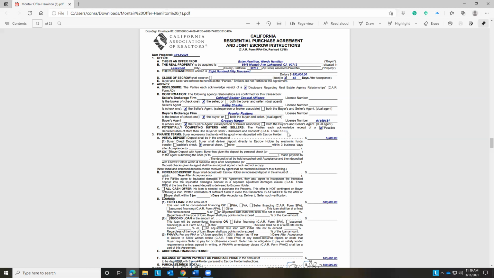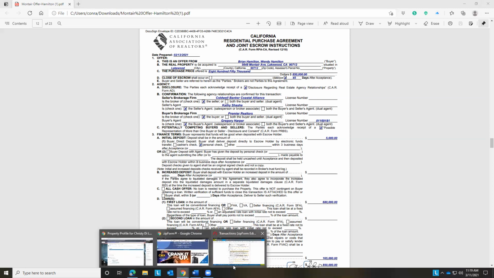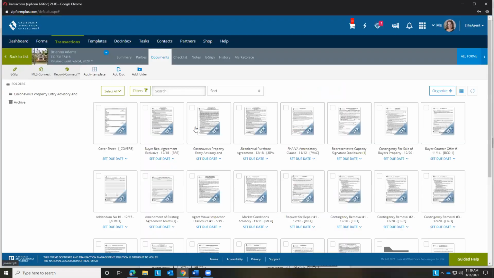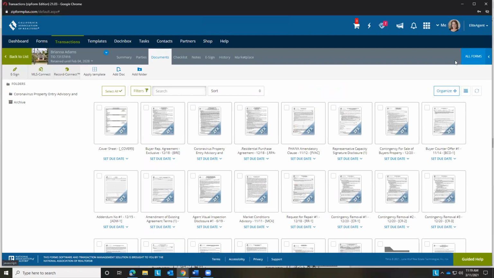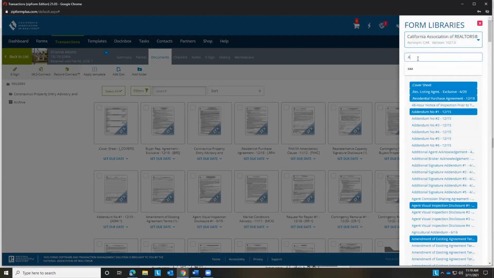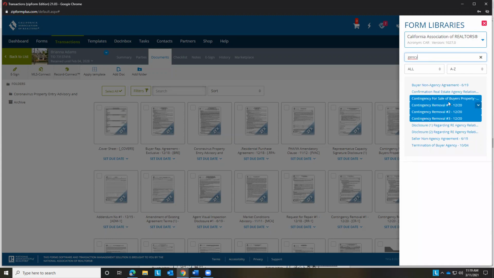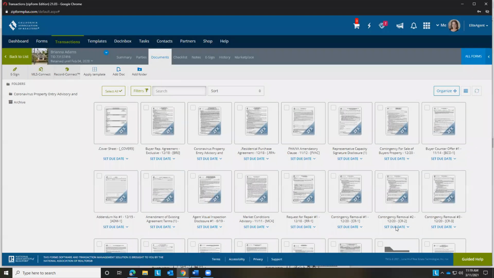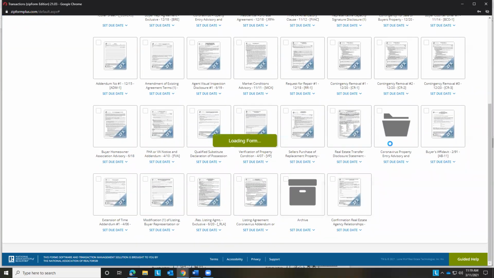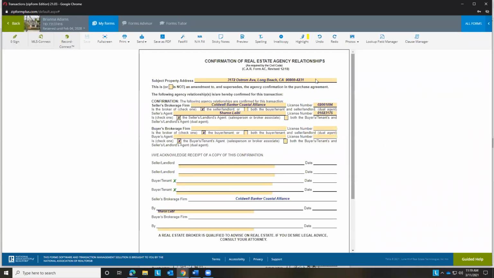So what this means for everybody in this transaction is that we now all have to do this confirmation of agency relationships form, which is basically that little portion from page 1 on a whole new form.